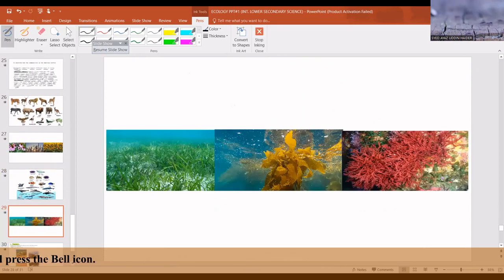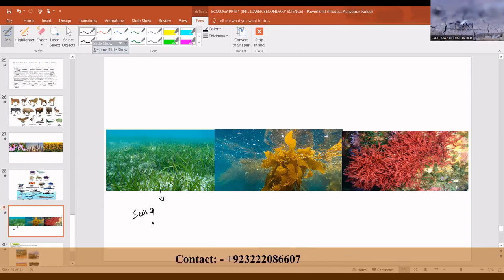These are the plants you'll find in the ocean. This is seagrass. This one is kelp. And this one is red algae.